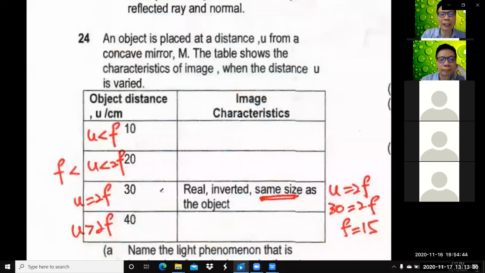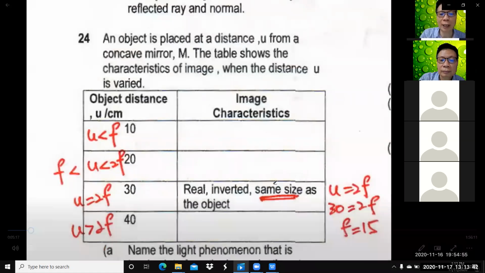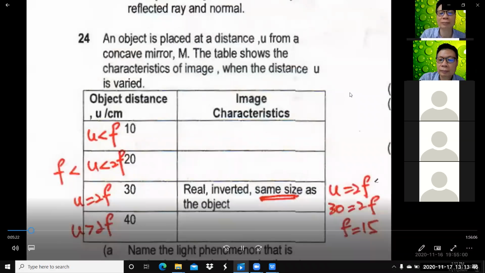One part of the given condition here is the same size. When an object distance is 30 cm, you get a same-size image. A few weeks ago, you already learned this. When it is the same size, immediately you must write u equals 2f. Every time you see same size, straight away you jump to this conclusion.